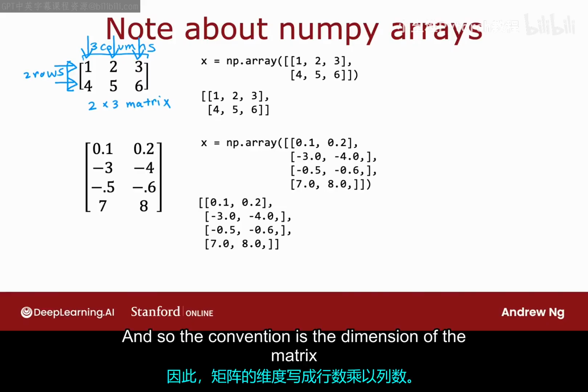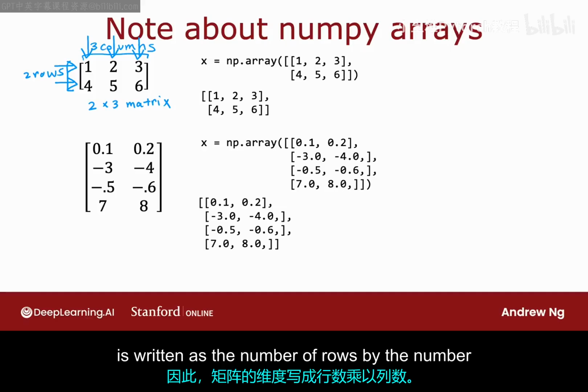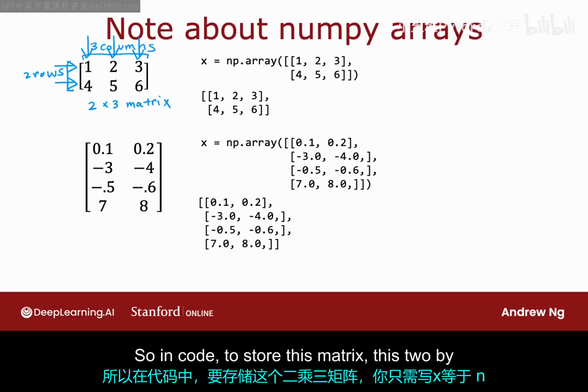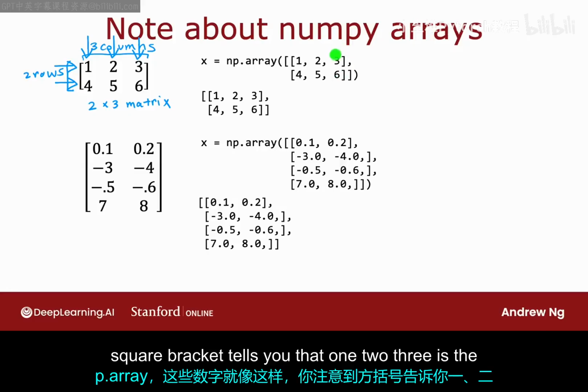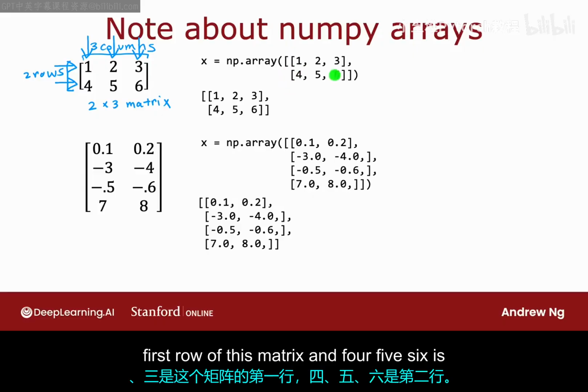And so the convention is the dimension of a matrix is written as the number of rows by the number of columns. So in code, to store this 2 by 3 matrix, you just write x equals np.array of these numbers, where you notice that the square bracket tells you that 1, 2, 3 is the first row of this matrix, and 4, 5, 6 is the second row of this matrix.